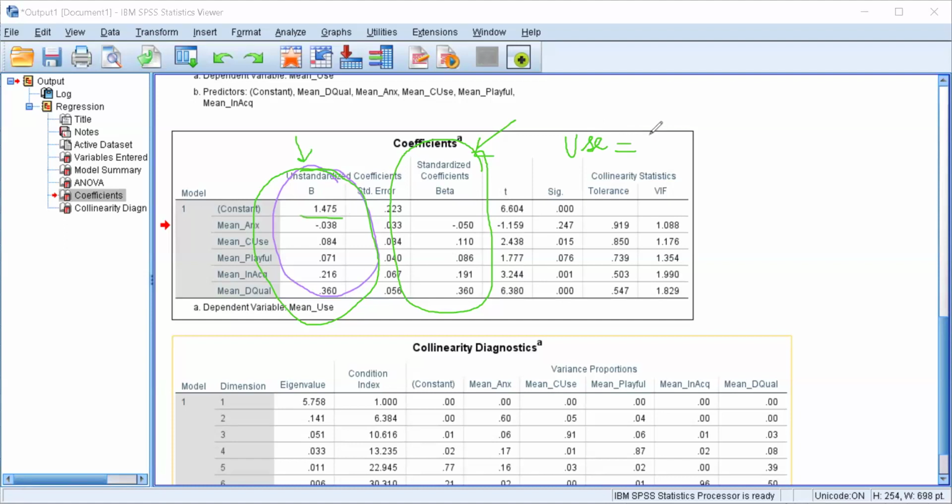Remember the regression equation? B0, beta 0, that is the constant, 1.475, plus b1, that is beta 1, this, minus 0.050 times anxiety.